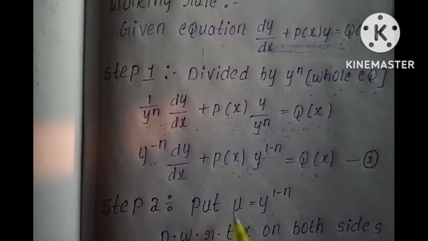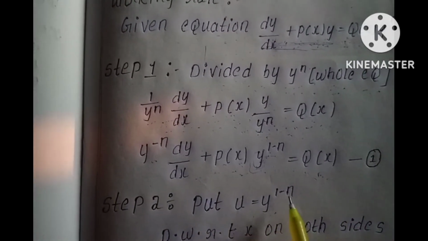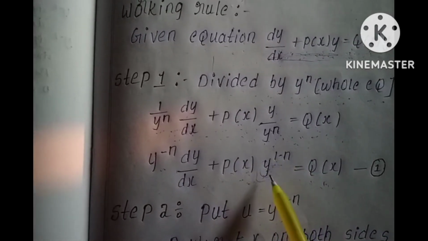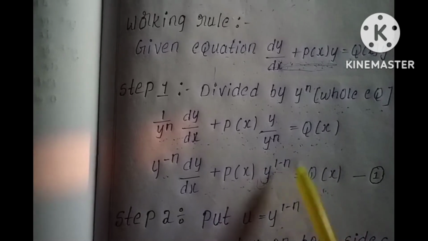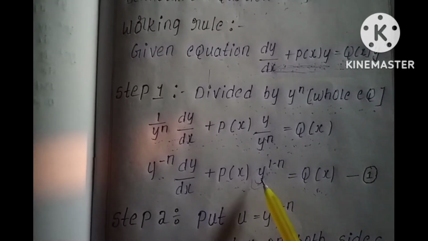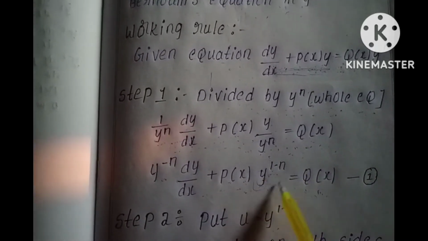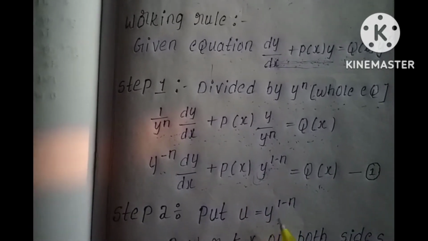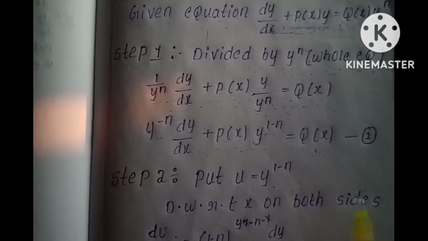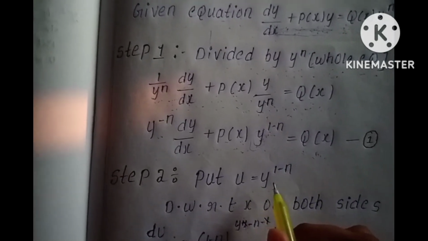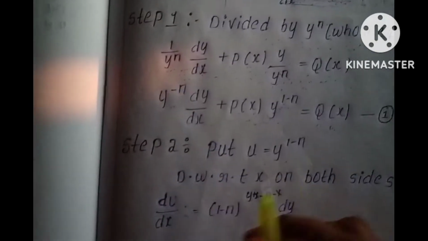And step 2. Put u is equal to y power 1 minus n. If you see here, we have to take the second part from the equation in y. So we have to write u is equal to y power 1 minus n. Take the derivative with respect to x on both sides.